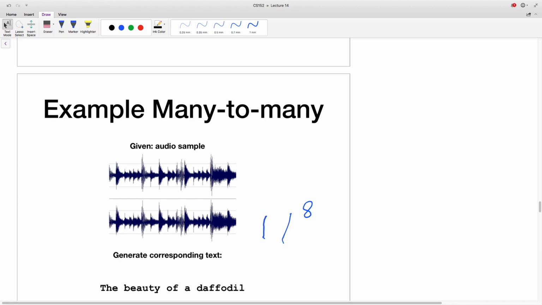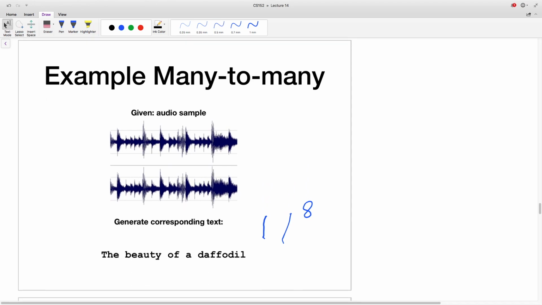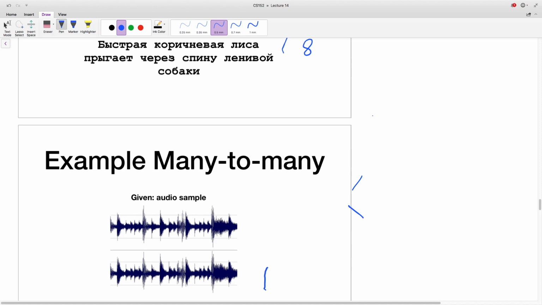We know what our output is, right? Our output is this text. What is our input? That is, what's an x? Some small part. Yeah, let's say there's x at i.